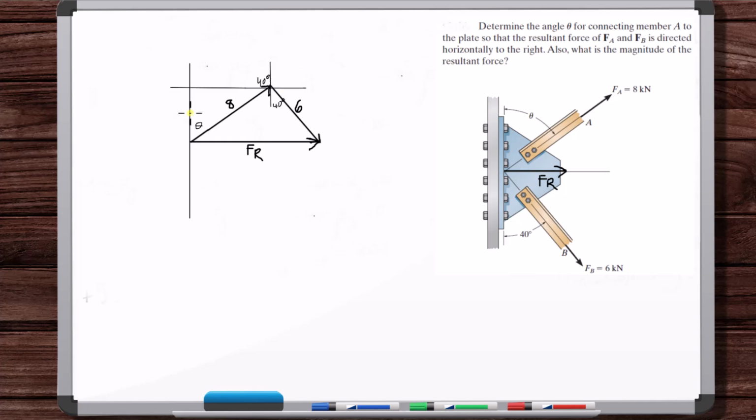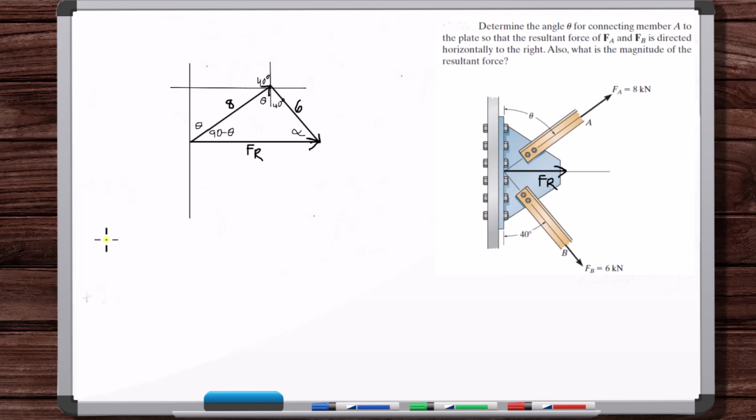So let's take a look at the geometry here. These two lines are parallel. There's a transversal, so this is theta. And we know that this is 90 minus theta. If this is alpha, and we add all of this up, does that give us some information? So this plus this plus this is 180, right?